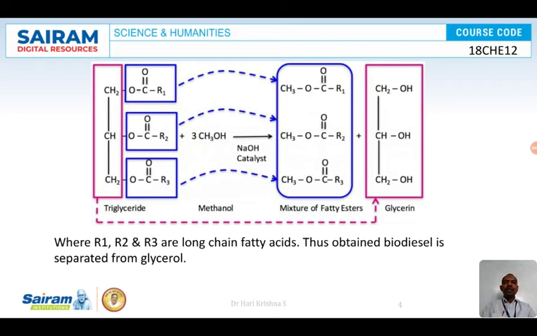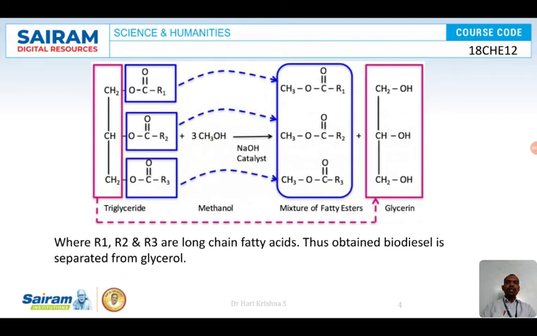Instead of using methanol, if we use ethanol, we get fatty acid ethyl ester. If we use methanol, we get fatty acid methyl ester. Whether it is methyl ester or ethyl ester, both are called biodiesel.